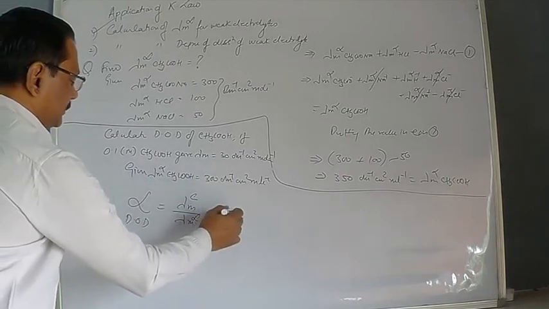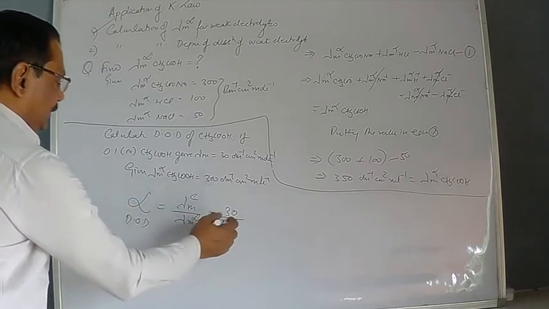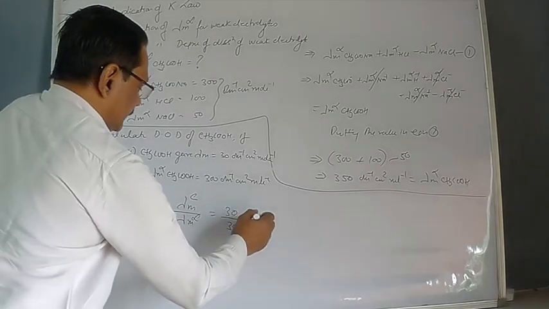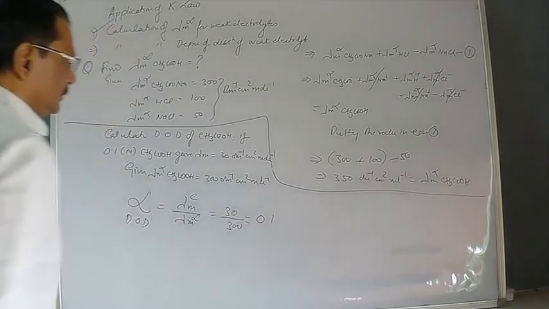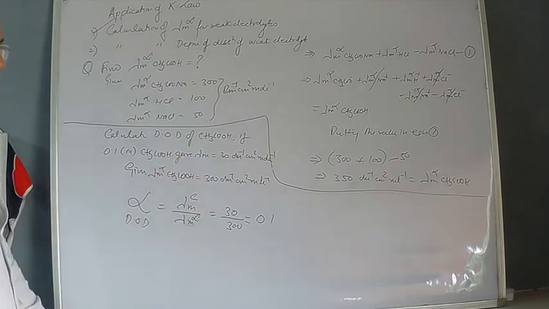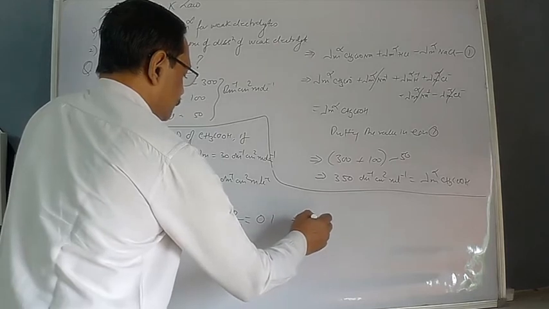So I write here 30. And molar conductance at infinite dilution is how much? 300. Dividing 30 by 300 gives 1 by 10, and 1 by 10 is 0.1. So we can very well find the degree of dissociation is 0.1, and if I multiply by 100, I get 10% dissociation.